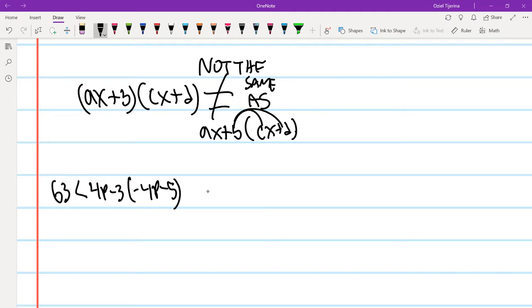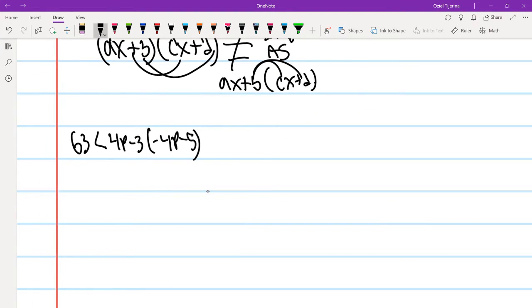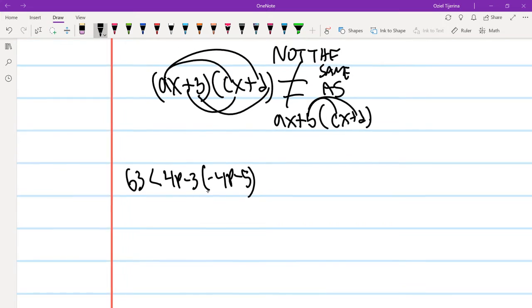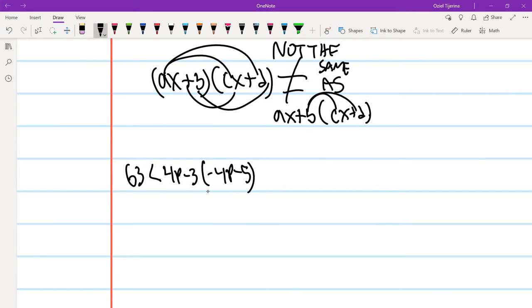Only the b is being distributed. When you have the parentheses, you're doing the FOIL method, but we'll learn more about the FOIL method later. A lot of people think that this whole thing is multiplied by this, but it's really not. It's just this part. So that's one thing to watch out for.